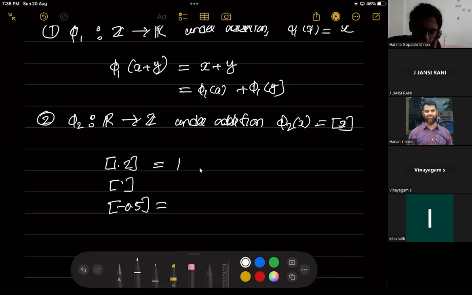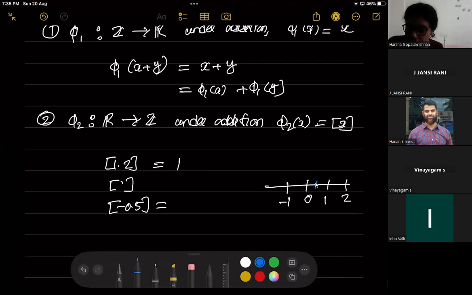Or in simple words, suppose I am taking a real line 0, 1, 2, minus 1. If I am taking a number here, the integer just below this number is the greatest integer of this number.